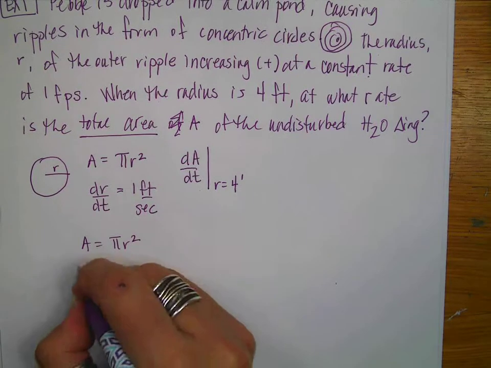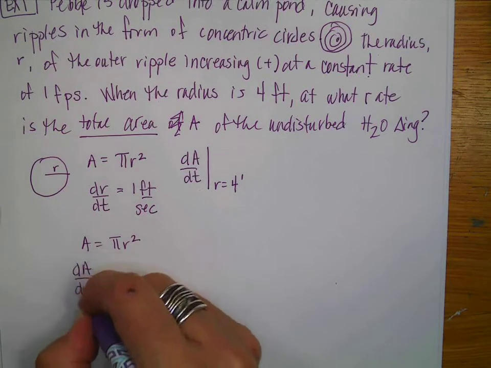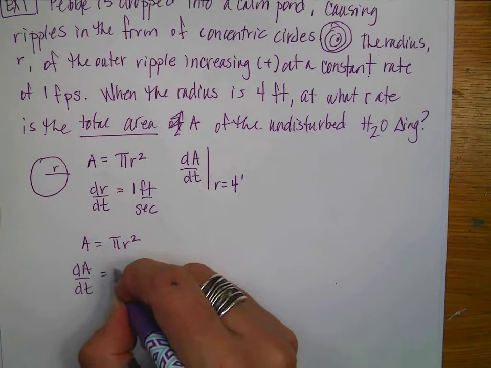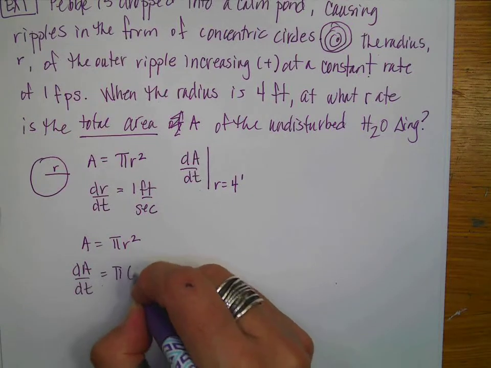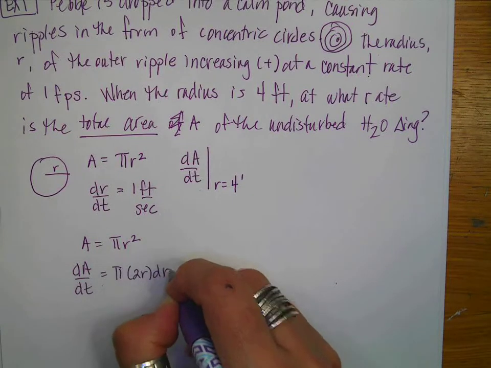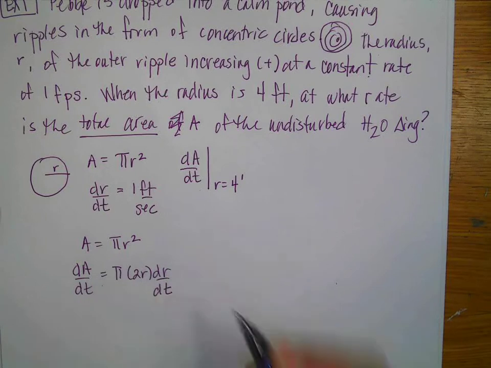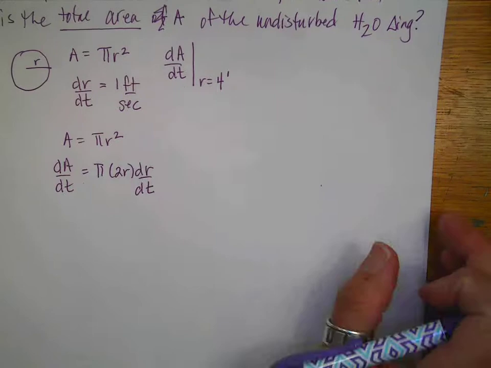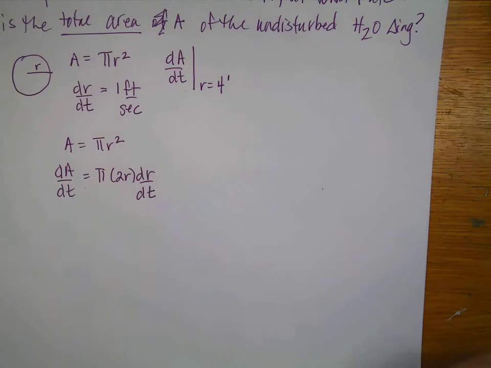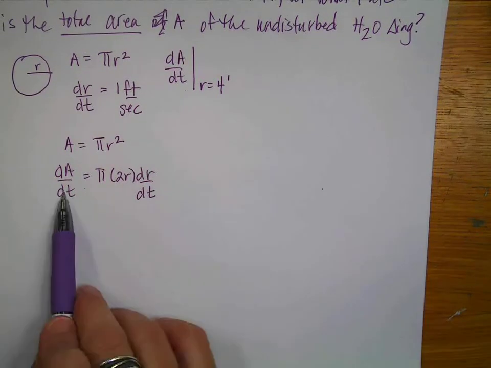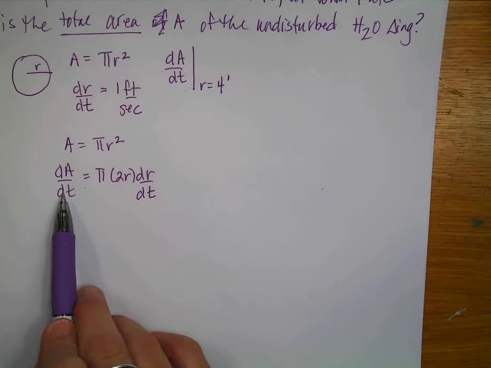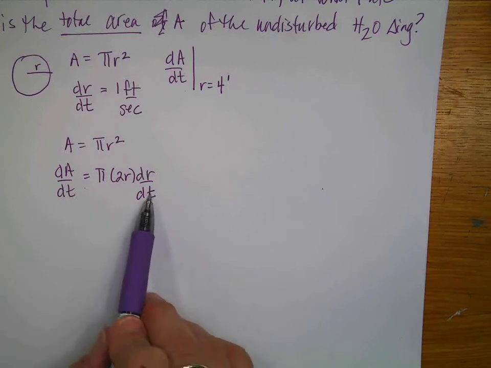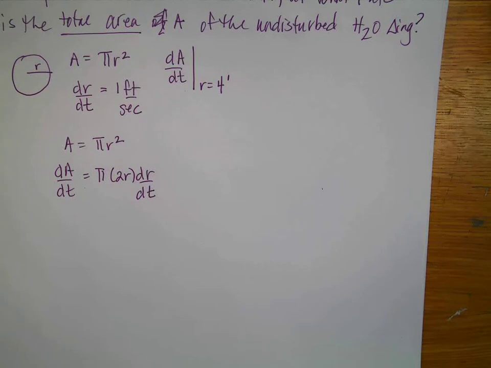Remember, pi is a constant, and I'm going to take the derivative. dA/dt is equal to pi times 2r dr/dt. So related rate problems are done very similar to implicit differentiation, because really that's what it is. And every time I take the derivative, it's going to generate a dA/dt, a dr/dt, a dV/dt, a d-whatever/dt.